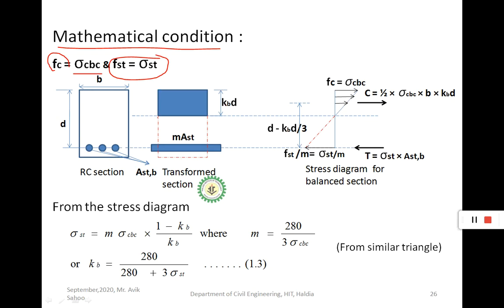Now the depth of the concrete block is k_b d, because the sections are analyzed for the balanced section. So the suffix b means balanced section depth factor, because we find out the compressive force, tensile force, and allowable moment for the balanced section. So k_b is called the balancing depth factor, and d is the effective depth.